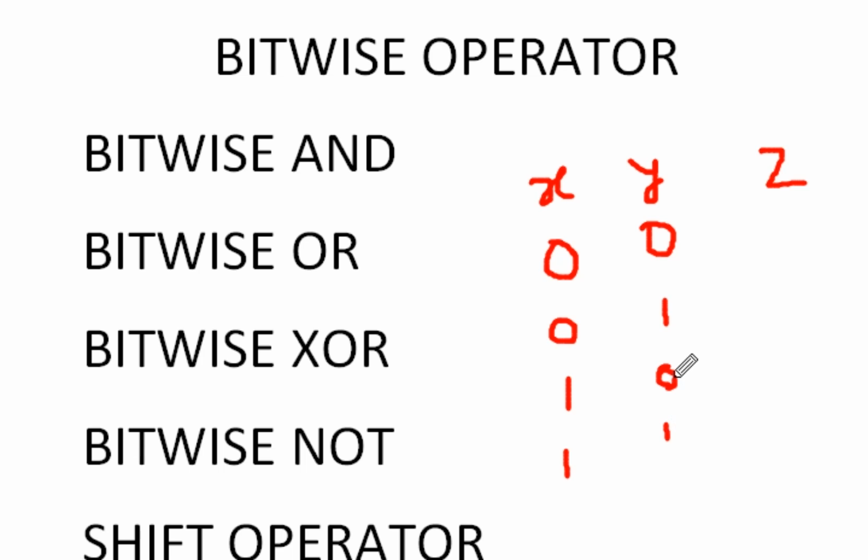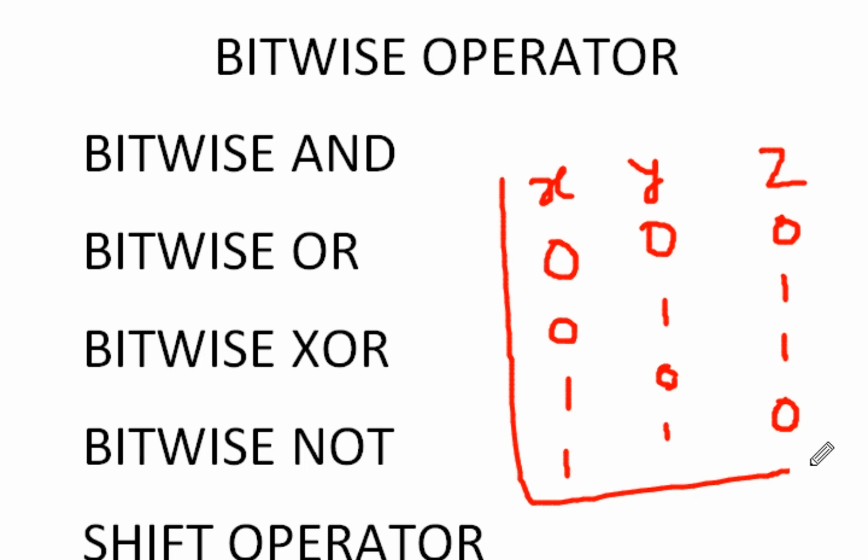According to the XOR operation, if both bits are the same, then the value will always be 0. If both bits are not the same, the value will be 1. This is the table for the bitwise XOR operation.